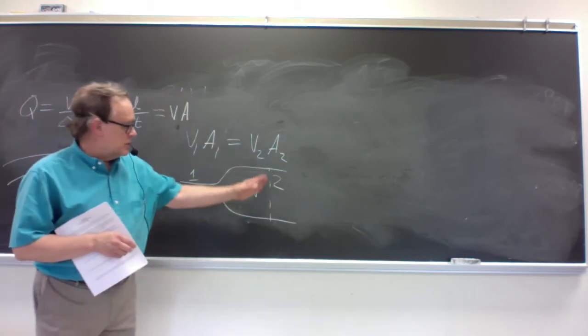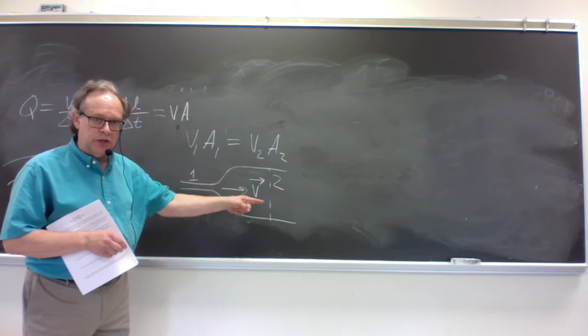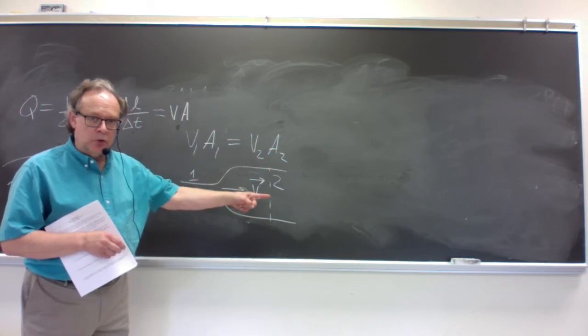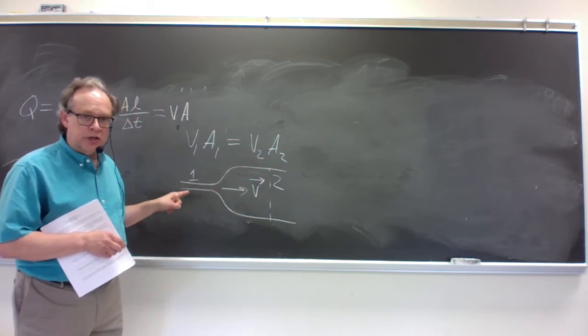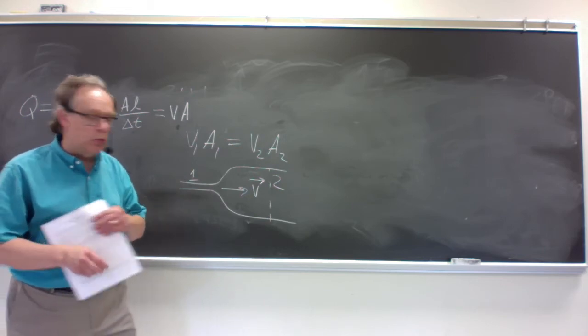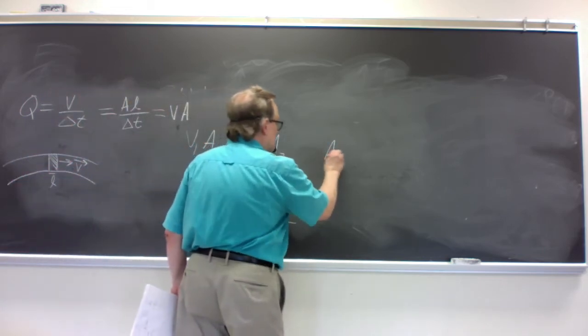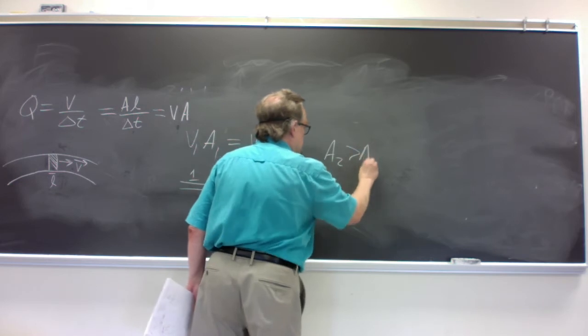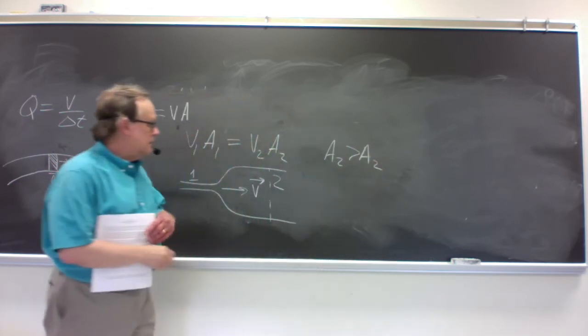Of course, the cross-sectional area through which the fluid flows at point 2 is much bigger than the cross-sectional area at point 1. So A2 is greater than A1.